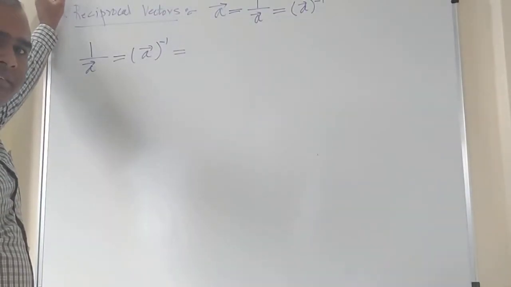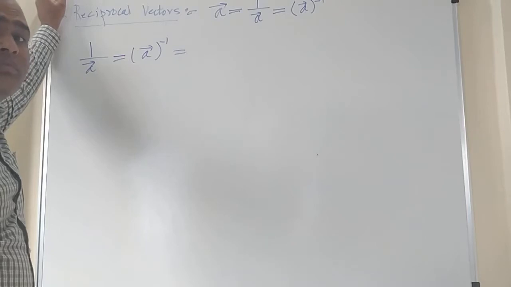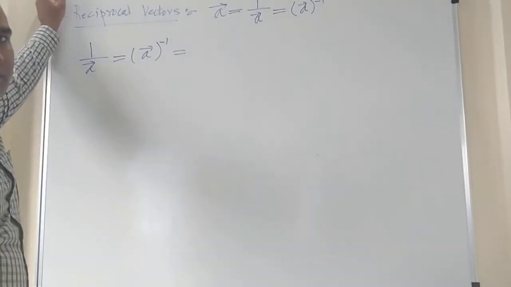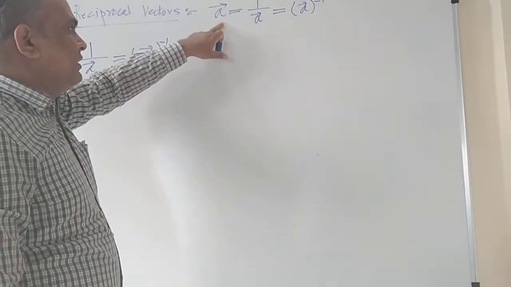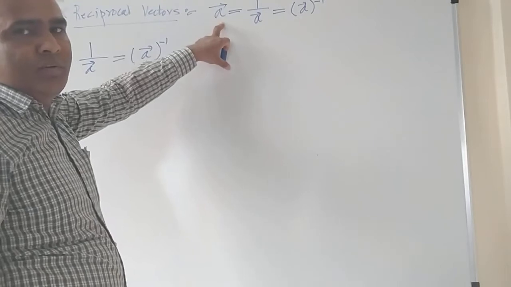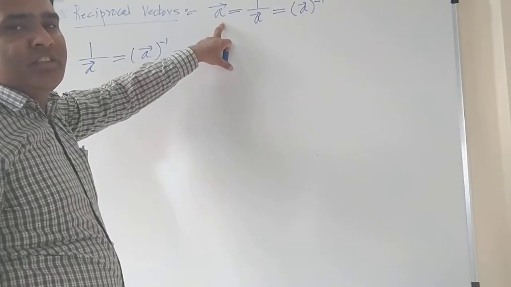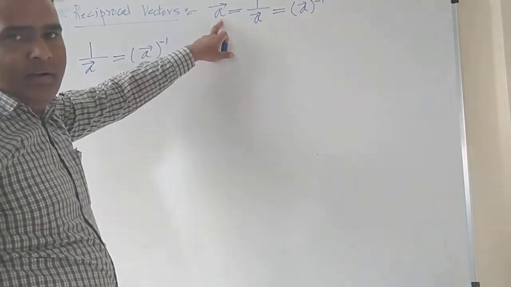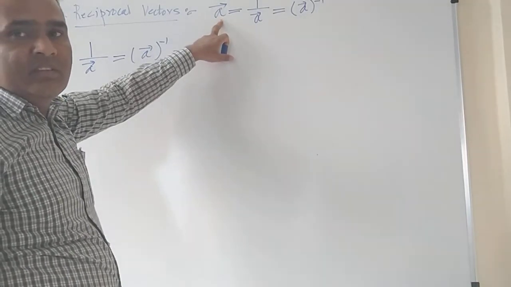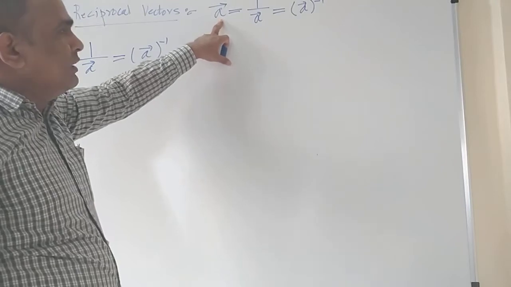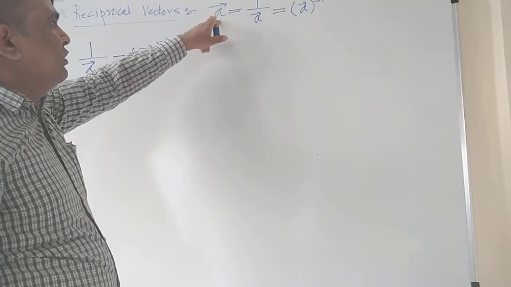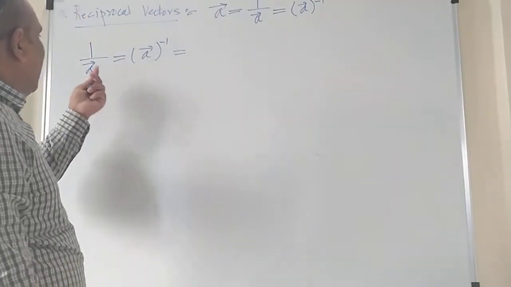The reciprocal vectors are the vectors whose magnitude is equal to the reciprocal of the given vector, and the direction of the reciprocal vector is along the direction of the given vector. Whatever may be the direction of the vector A, the direction of the reciprocal vector is also along the direction of A bar. Only the change is in the magnitude. The magnitude of the reciprocal vector becomes 1 upon the magnitude of A bar.